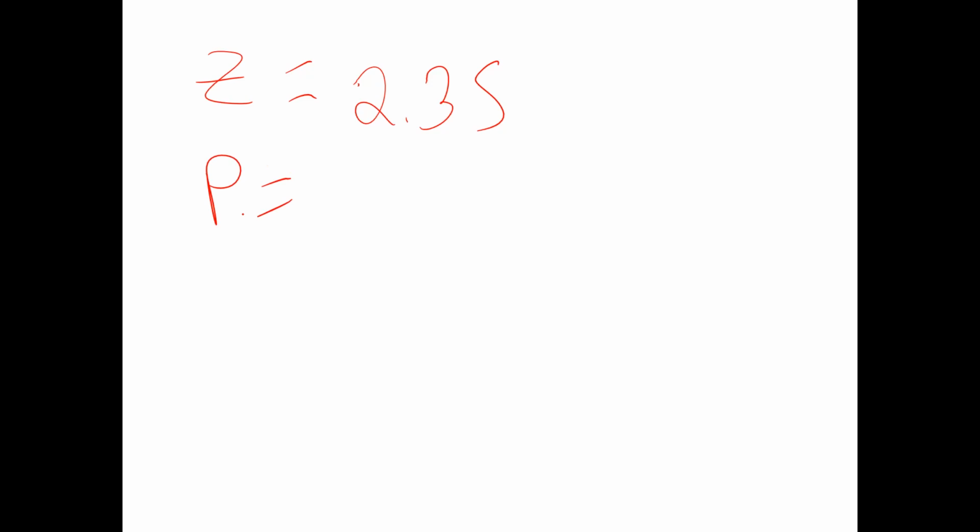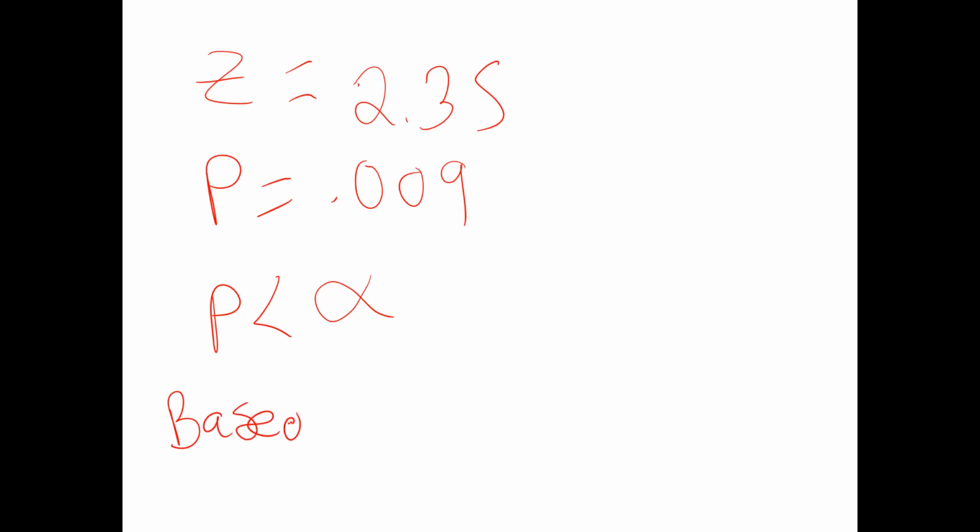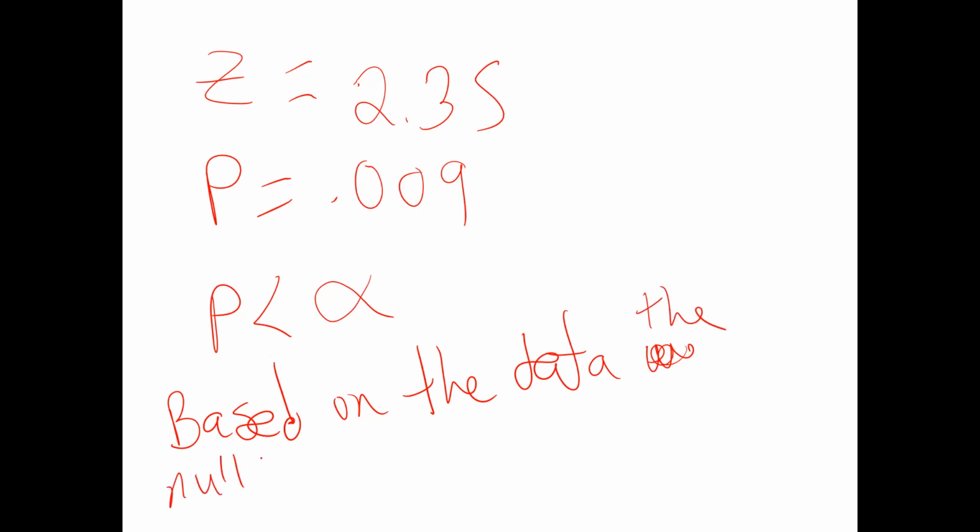P is 0.009, and our P is less than our significance level. So based on the data, the null hypothesis can be rejected.